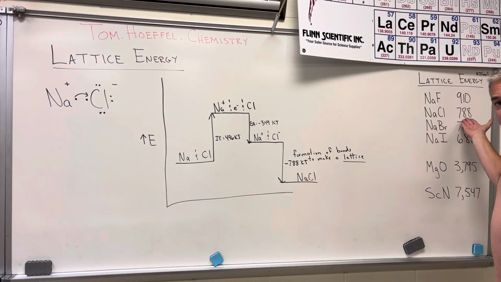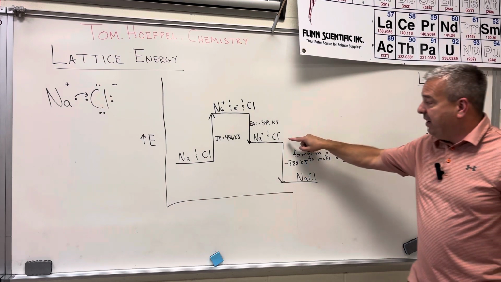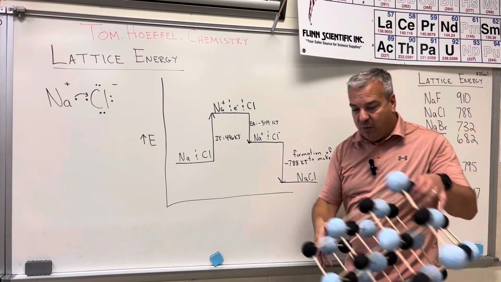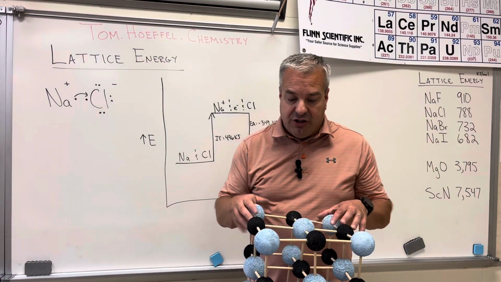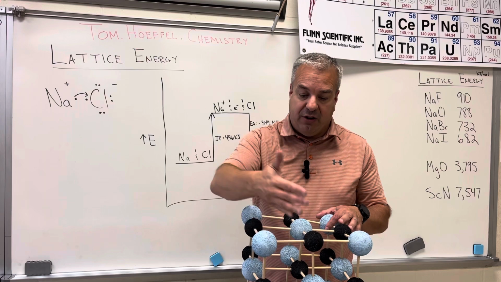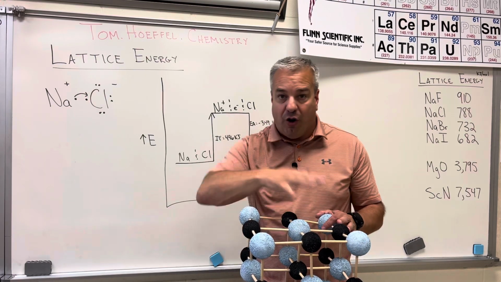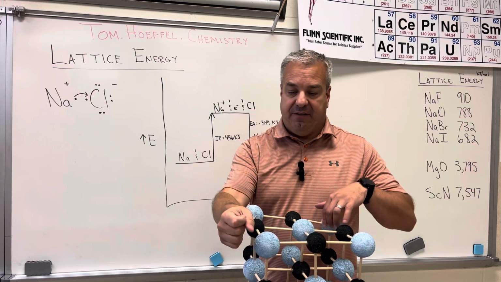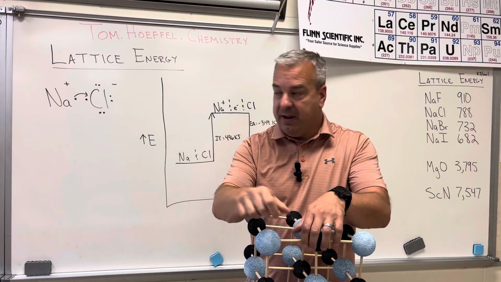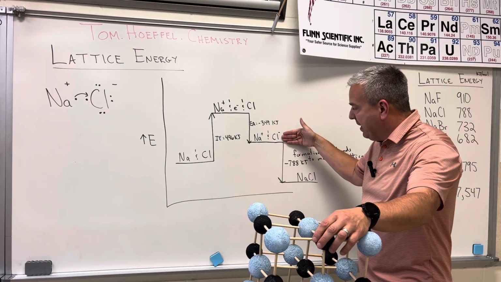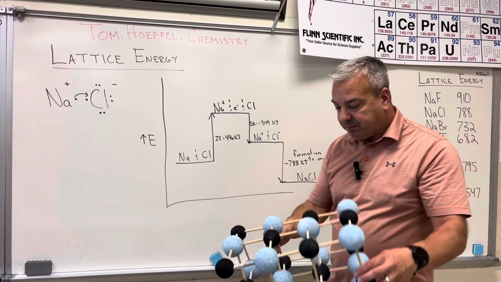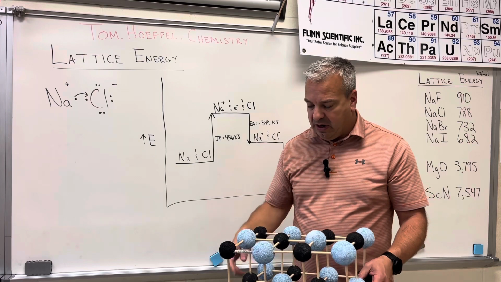That's why the number over here is positive 788. But if we form the bonds, that's going to release the energy. So once again, energy will be a positive number when energy is required to break all the bonds, but the energy will be negative if these bonds are being formed, as they are going from here to here in our energy diagram.